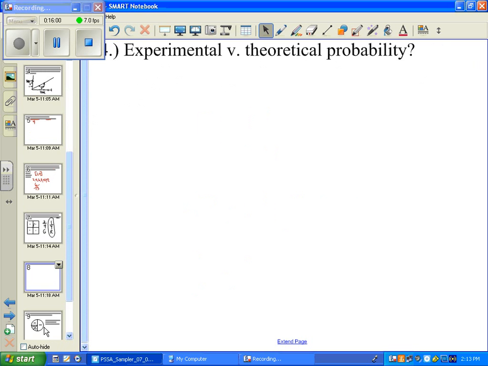There's one called experimental, there's one called theoretical. The theoretical probability is the one you can figure out using math. Sometimes when you do an experiment, it works out that your experiment is different than the theoretical or the mathematical probability.